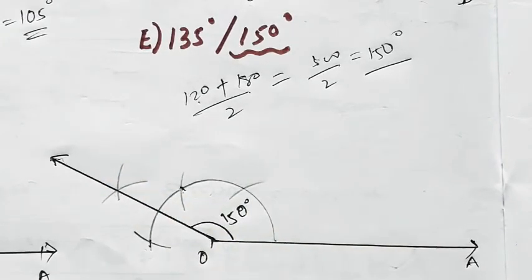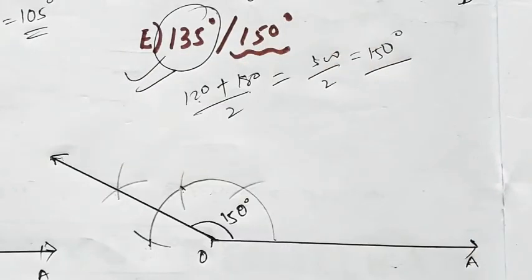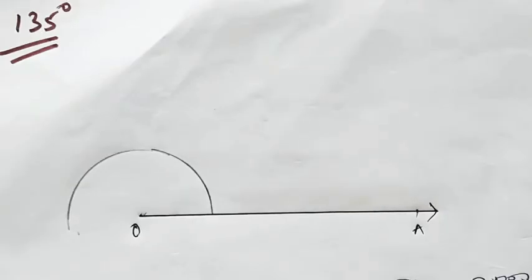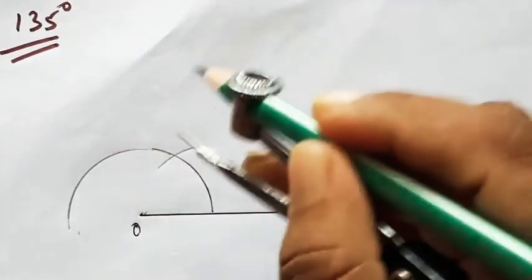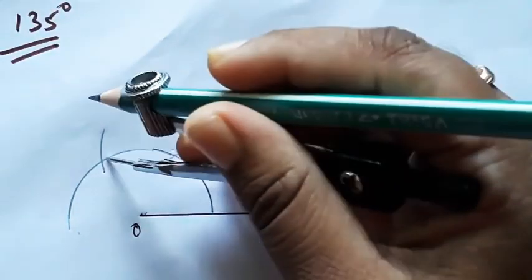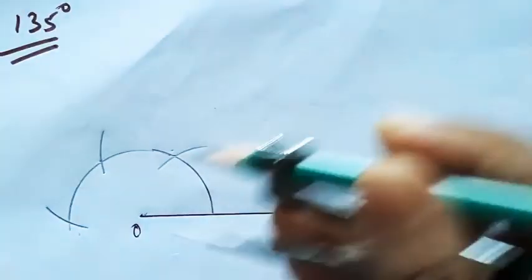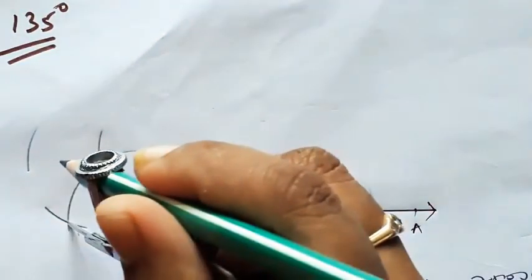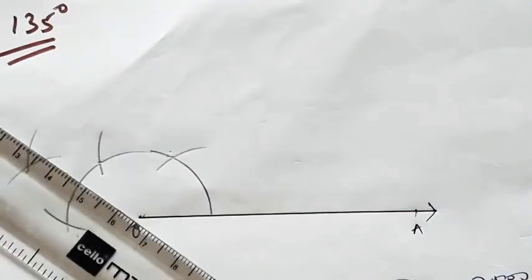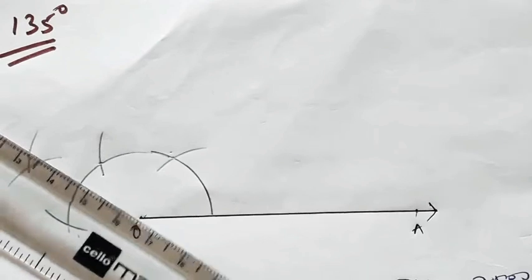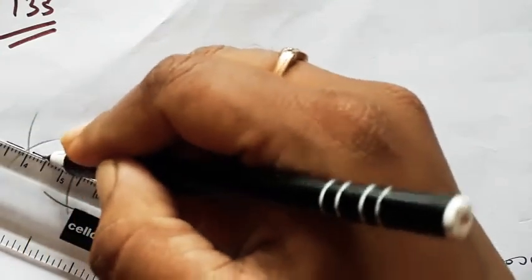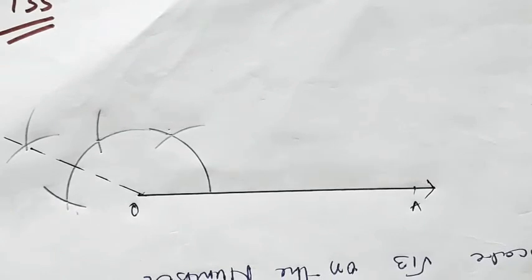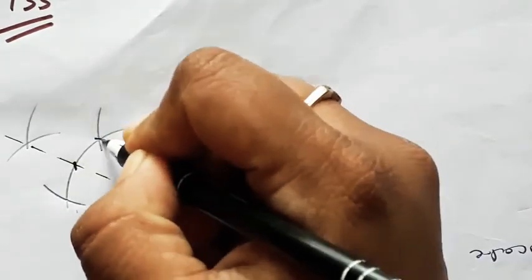I hope it is clear. Now let's move to 135 degree, which is very important. See, for 135 you have to construct 150 again. See, first arc, second arc and third arc. From these 2 arcs, you know that the bisector is 150 degree. But now we don't want 150 degree, so for that we will draw it with a dotted line. Now the bisector of 150 degree and 120 degree.